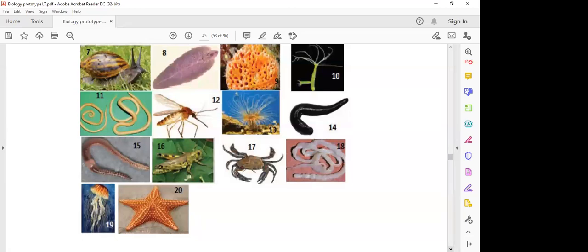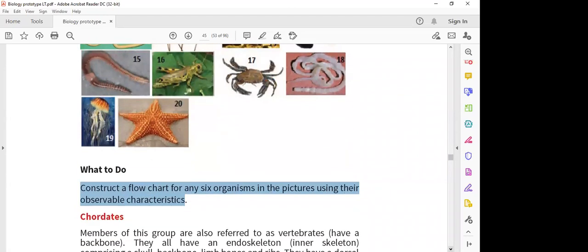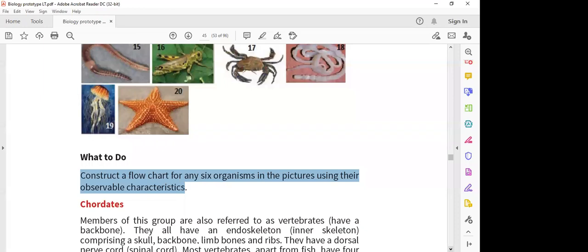And now those organisms, according to the question, construct a flowchart for any 6 organisms in the pictures. Just 6, any 6 that you select. So your flowchart should look at only 6, okay? And after getting those 6, you are ready to construct a flowchart.